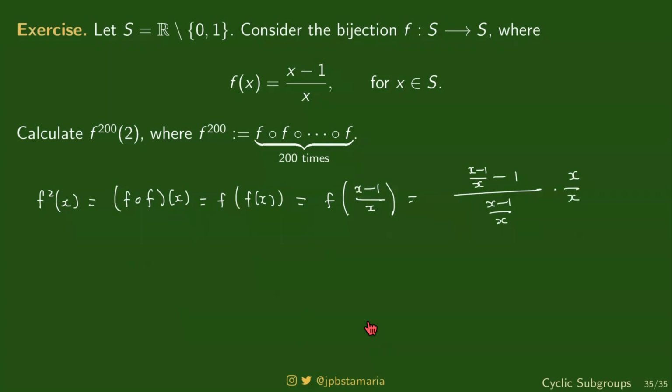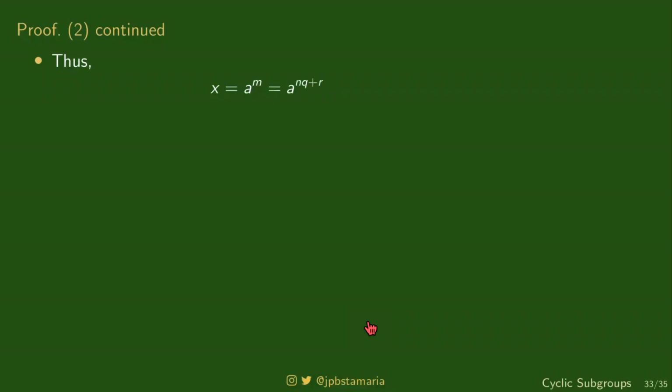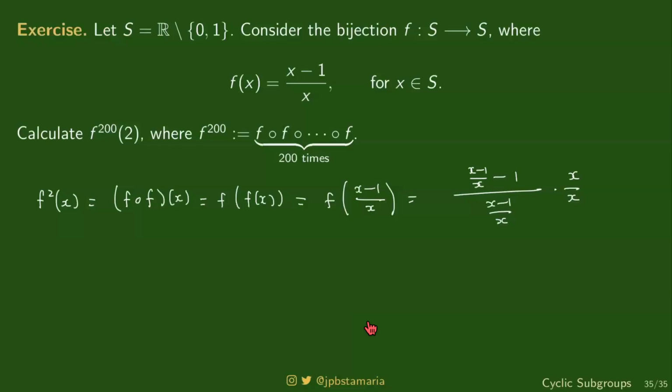Ang maiiwan ay x minus 1 minus x all over x minus 1. One over 1 minus x. Is that correct? Kung negative 1, ilalagay ko na sa denominator para mawala yung negative. Ayoko nakakita ng negative sa unahan. Okay? So that's f squared of x.